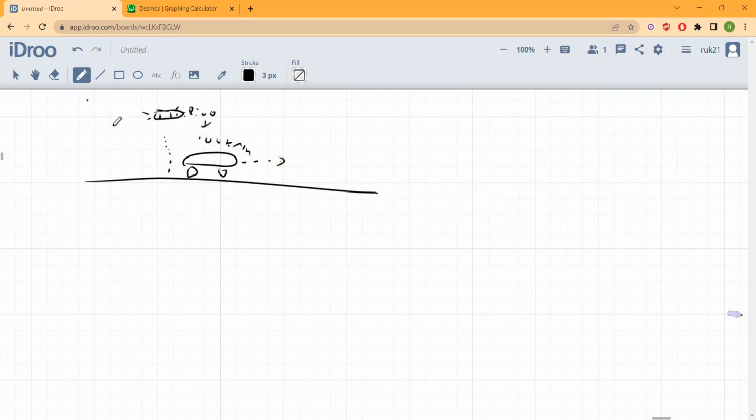We drove a bit further, and then at this point there was another police officer, and he saw us at 8:04, again going 100 kilometers per hour. The question says that police officer can give us a ticket. How does he know that he can give us a ticket?